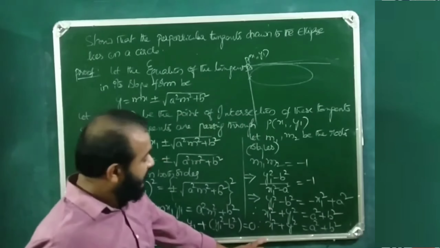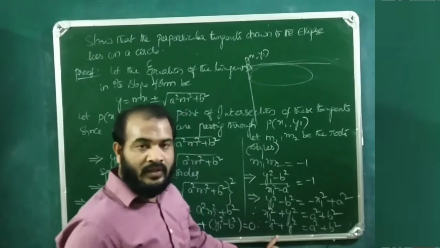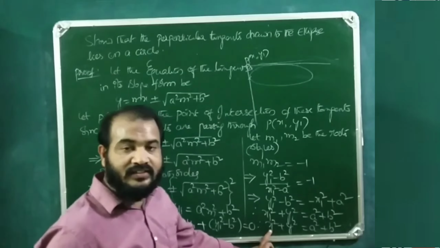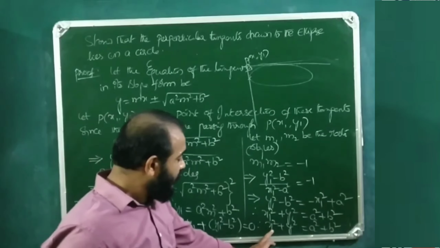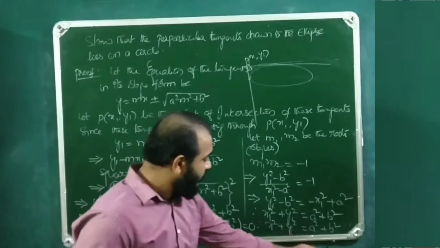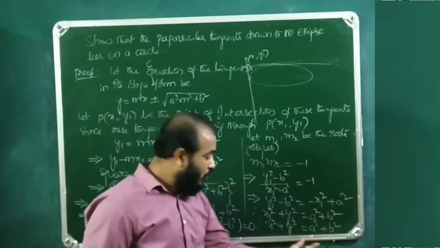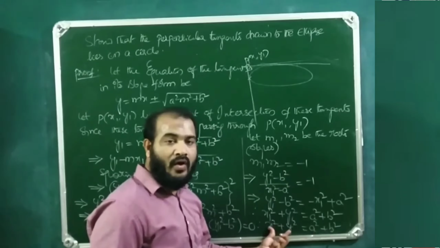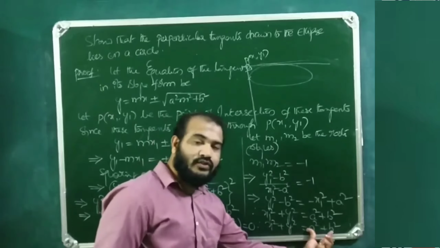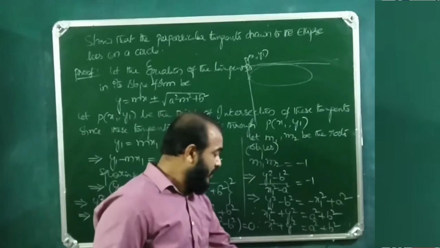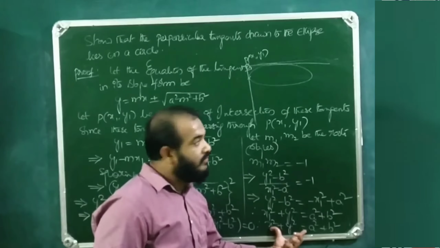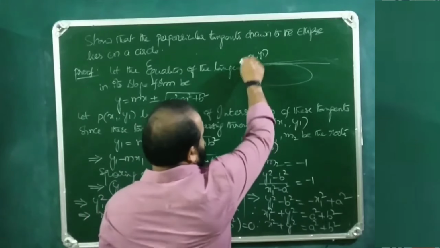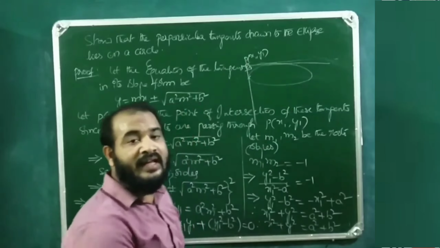So this represents a circle equation of the form x square plus y square equals r square, whose center is at the origin and radius r equals square root of a square plus b square. And this circle so obtained is called the director circle.